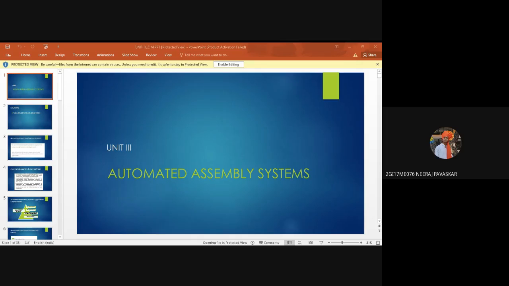So as I said, we know what assembly is: joining two or more parts in order to form a new component. Automated assembly refers to the use of mechanized or automated devices which combine these multiple components into a single entity.